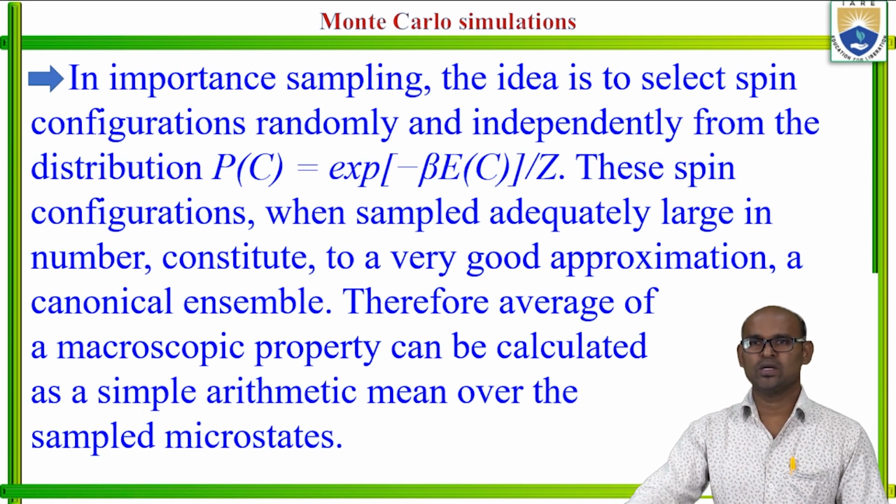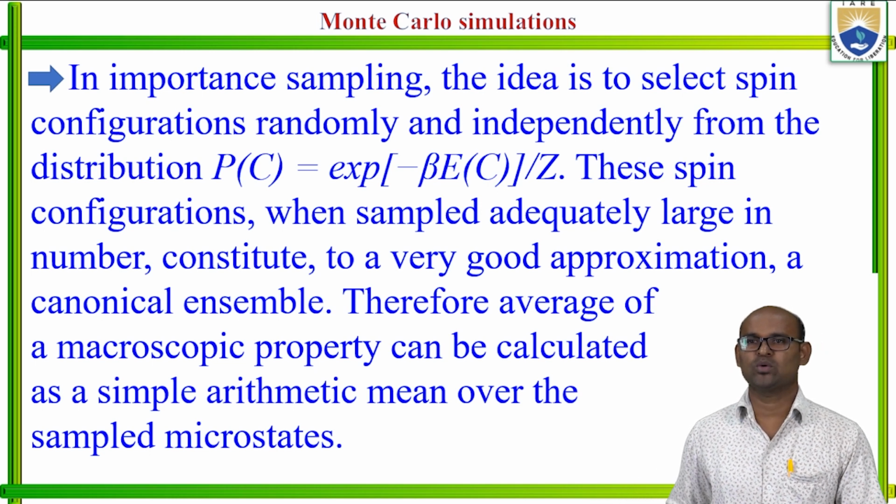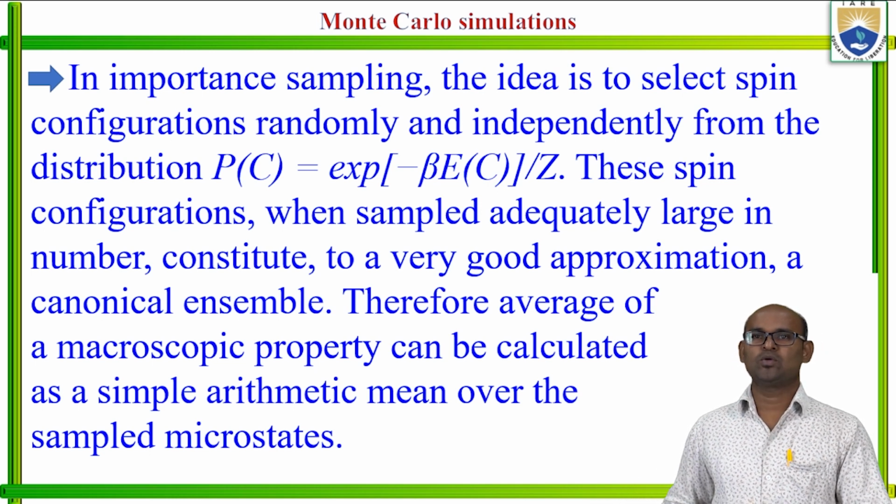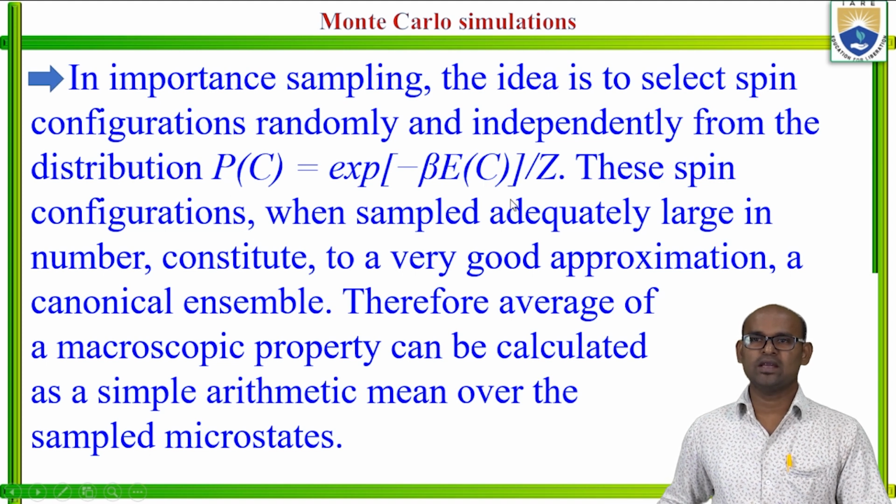So in the importance sampling technique, the idea is that we are not going to sample all the microstates as equally probable, but we are going to sample the microstates randomly and independently from this probability distribution.